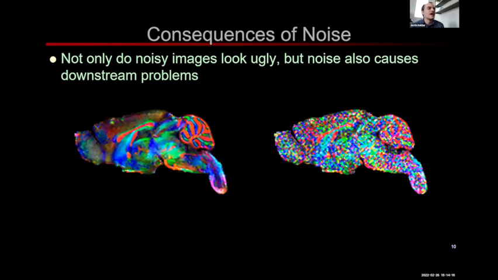So for example, if I wanted to take some of those noisy images and do quantitative parameter estimation from them, if I didn't have to worry about noise, I might get a really nice, beautiful looking image like the image I'm showing here on the left. In the presence of extreme levels of noise, the quantitative parameter maps you'll get out look rather bad. And of course, this is something that we need to do something about.